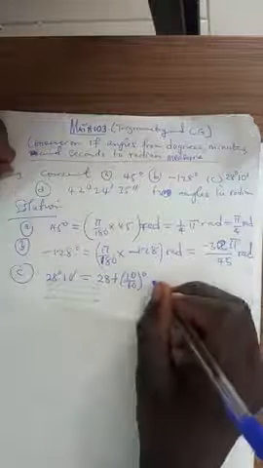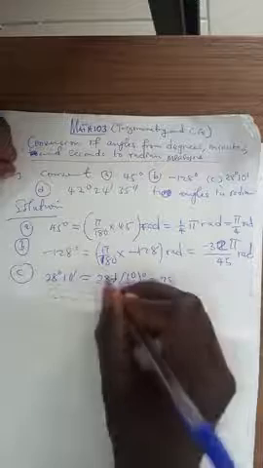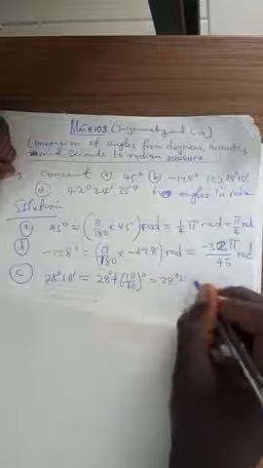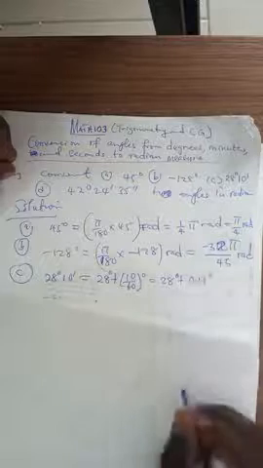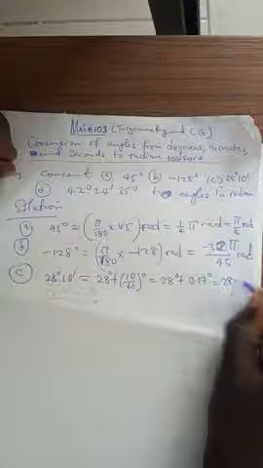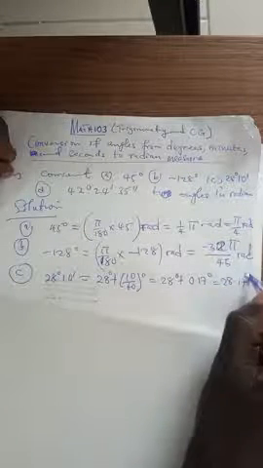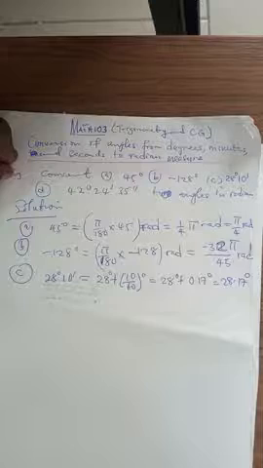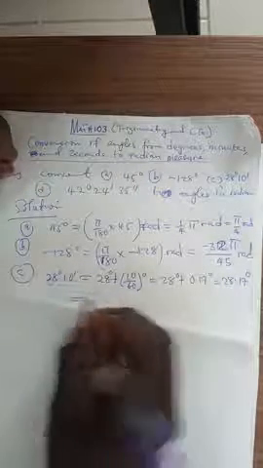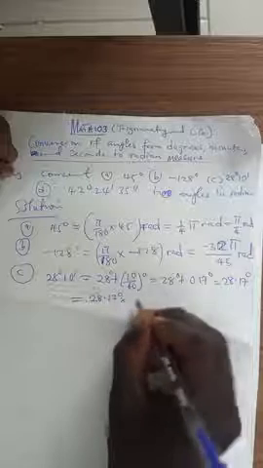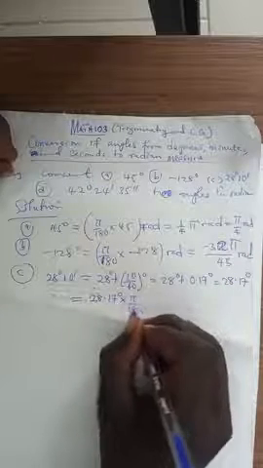So this is going to be 28 degrees plus, if you do the division using your calculator, 0.17, and this is equal to 28.17 degrees. So 28.17 degrees times pi over 180.